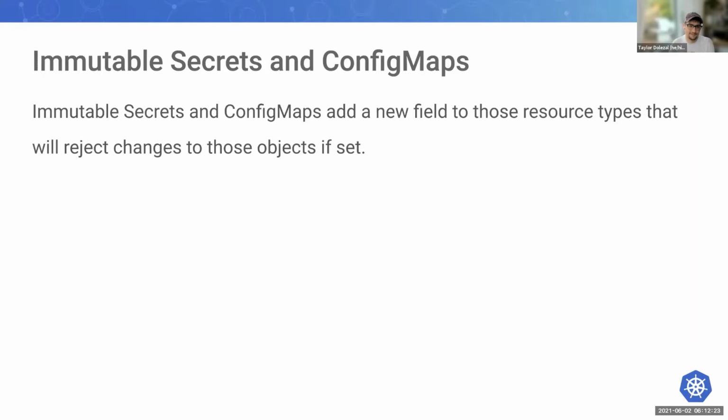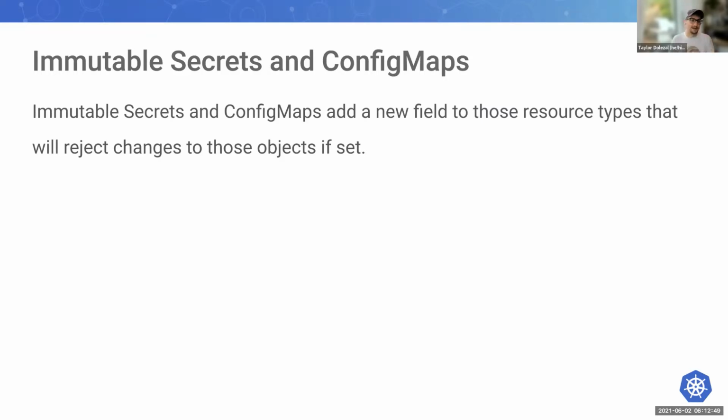Immutable secrets and config maps. This was something that was talked about and introduced in releases past. Basically, secrets and config maps by default are mutable, which means they can be changed. That's beneficial for pods that are able to consume those changes. But mutating secrets and config maps can cause problems if a bad configuration is pushed for pods that use them.